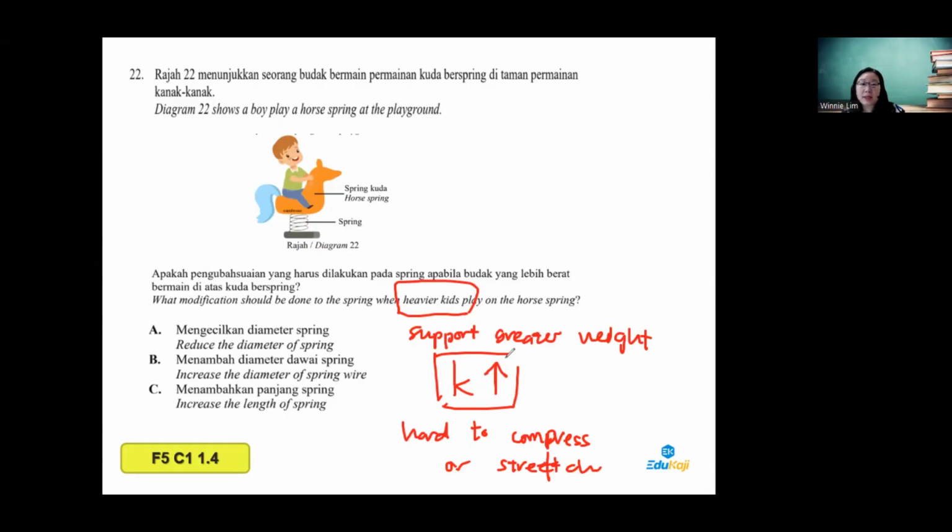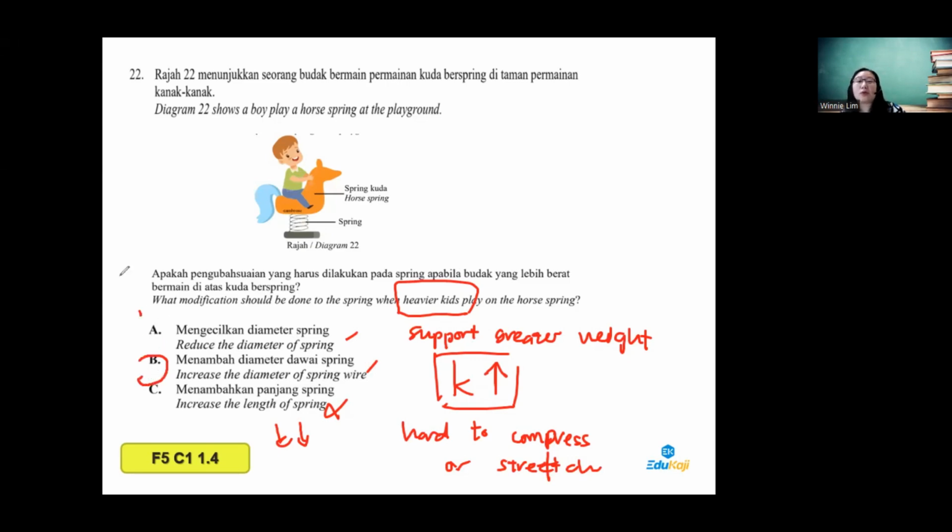So basically, the answer here has two. A and B can actually be acceptable. C is wrong because you will make the spring constant lower. But increasing the diameter of the spring wire is a better choice.